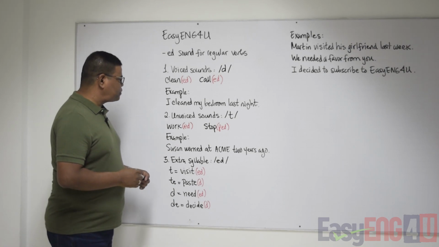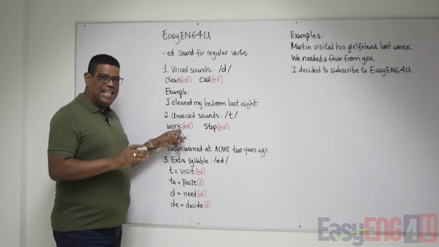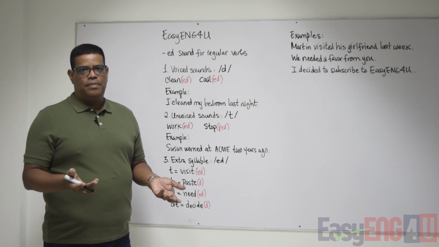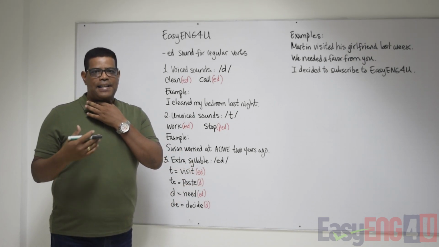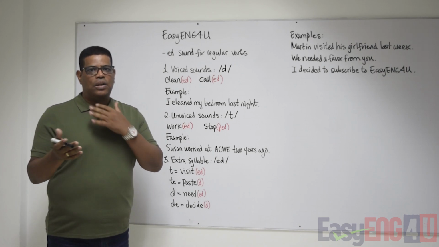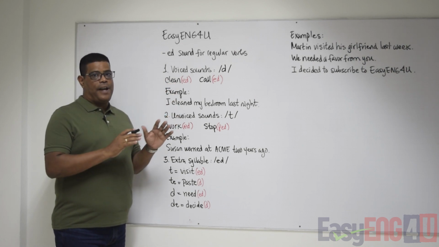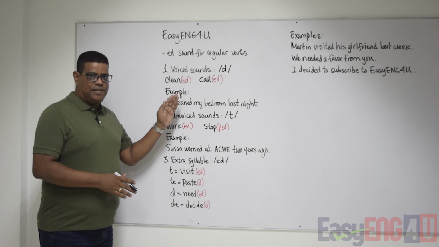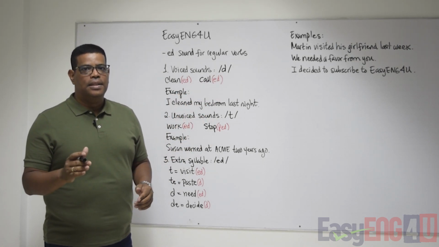For example, if I say work, the K sound won't vibrate, okay? If I say it over and over, it doesn't vibrate. Voiced, it vibrates. So the ED, if it's voiced, is going to sound d, d, d.